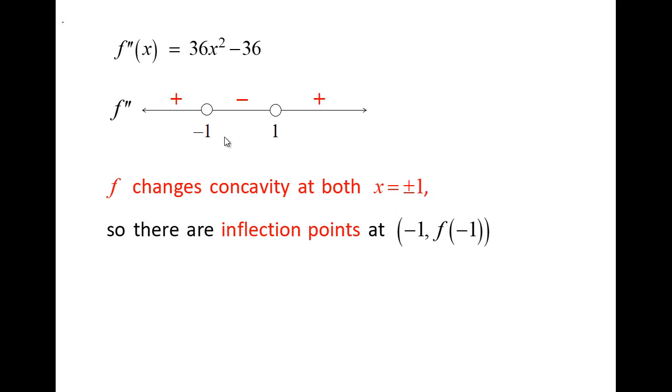So we see that the inflection points would be at -1, comma f of -1. Sorry, when I was plugging in -1, I was plugging it into f double prime.